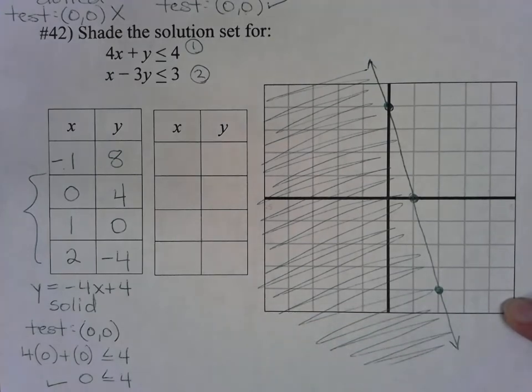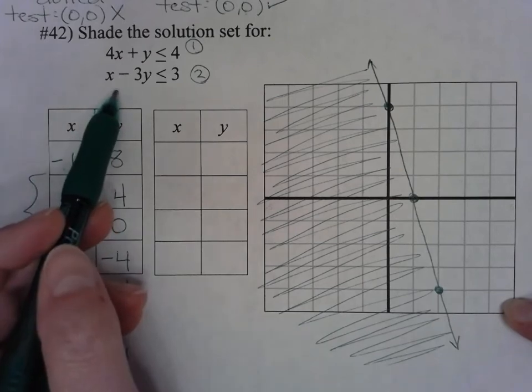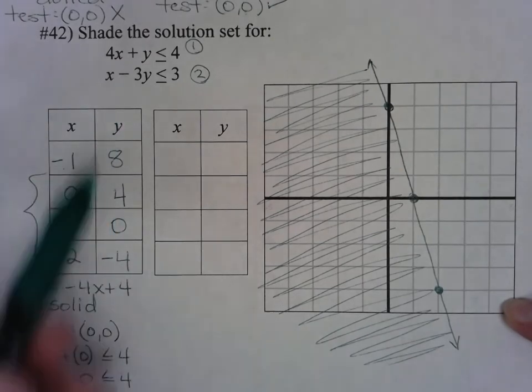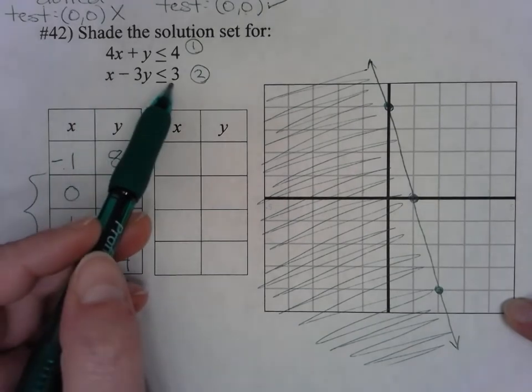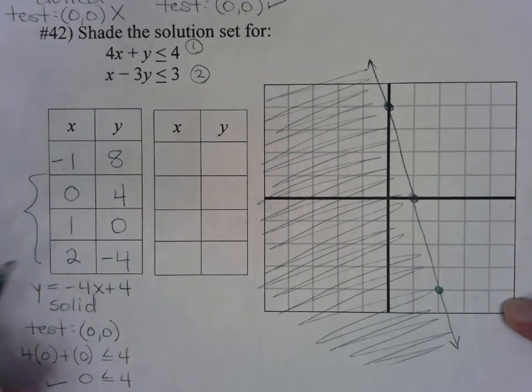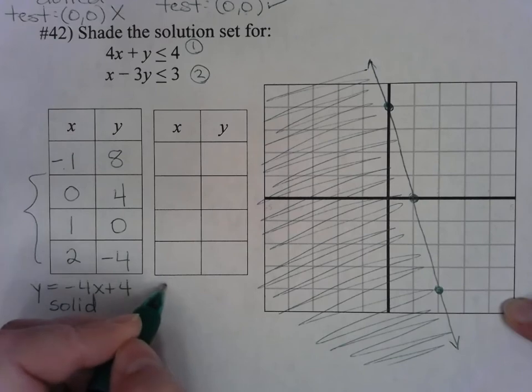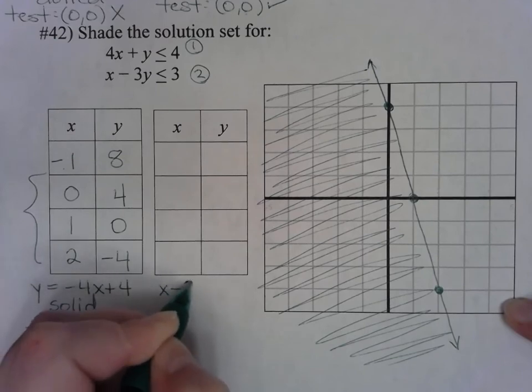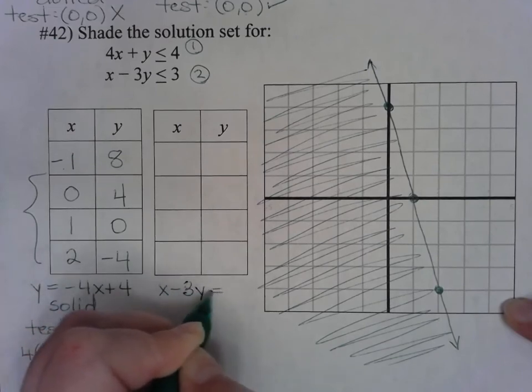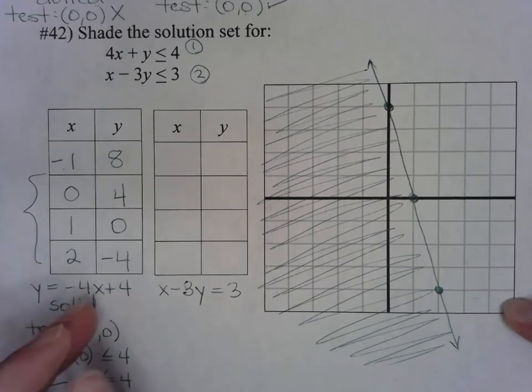Okay, that's line number 1. Now let's graph line number 2. If you want it to be in mx plus b form, that's going to take a little bit more work, but that's okay. I'm going to put in the equal sign.